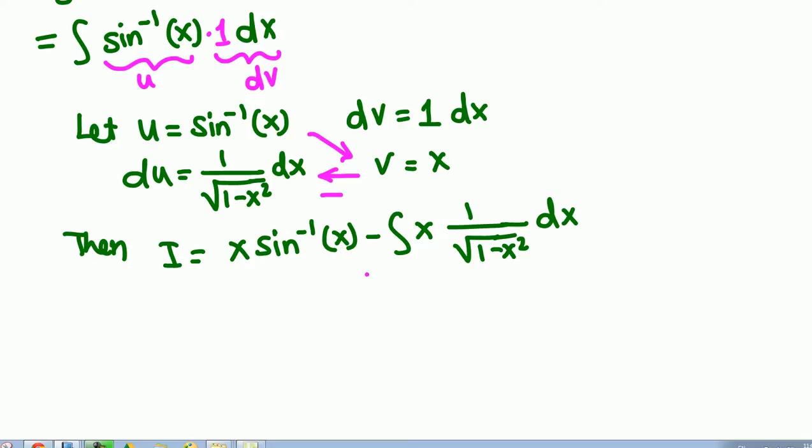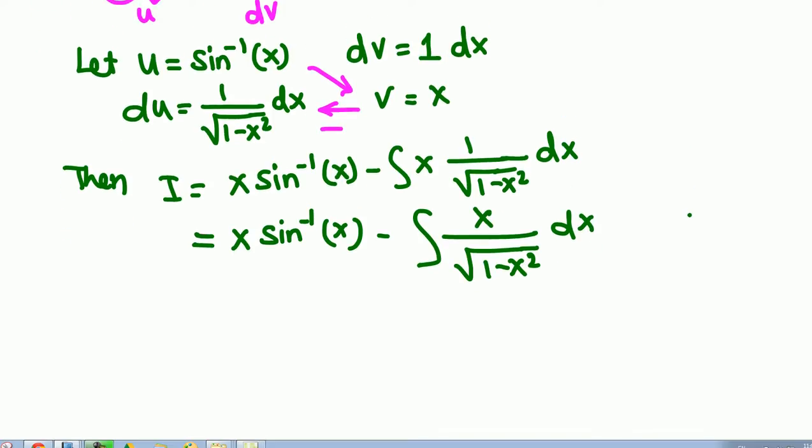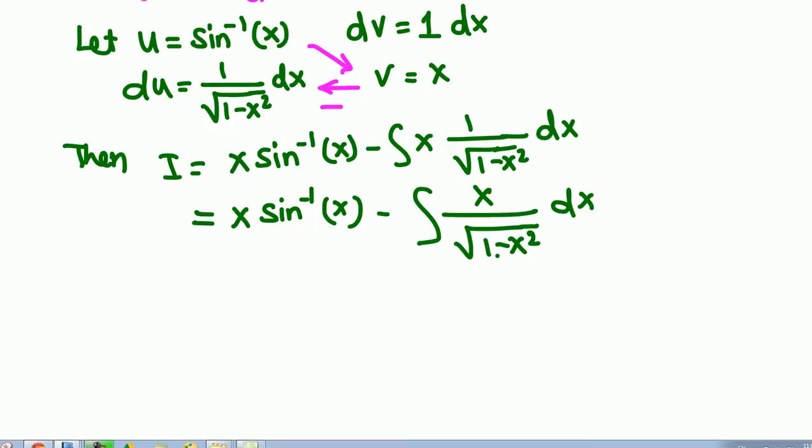Let me rewrite one more time. That's x sine inverse x minus, I want to rewrite in this way, x over root 1 minus x squared dx, and I am using U substitution. How?